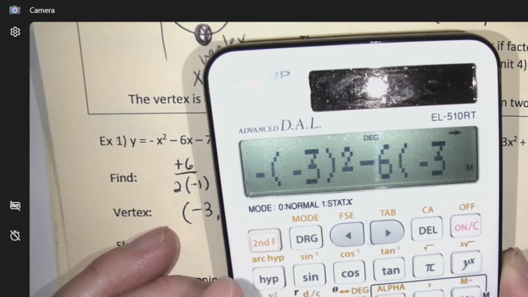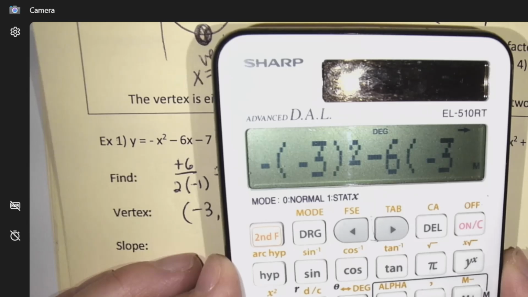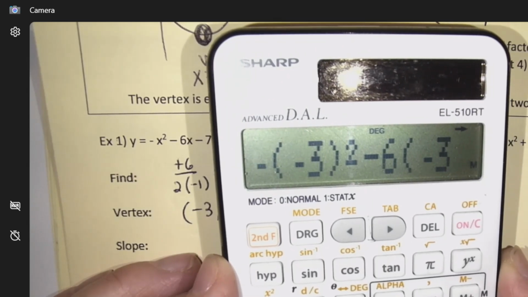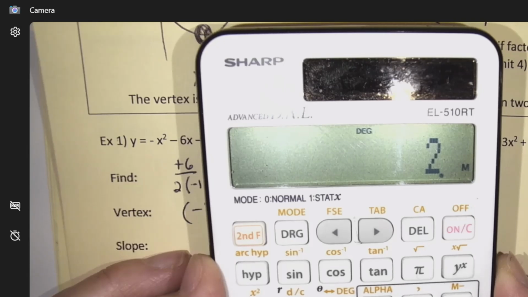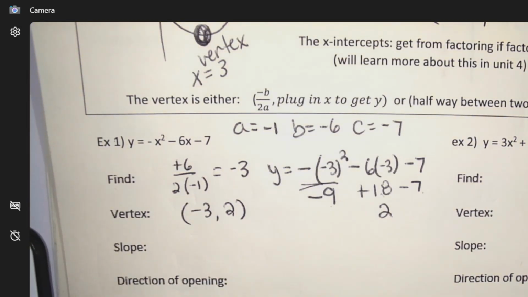Okay, so you can see how you'd need negative of negative 3 squared, like that. Okay, it was all good. Everybody's kind of figured out their buttons.